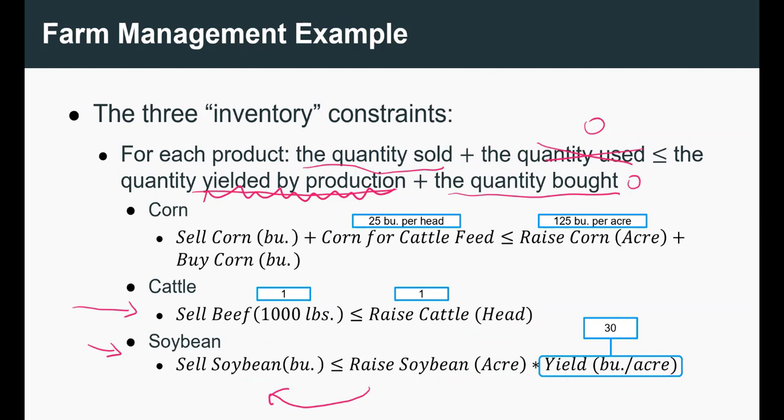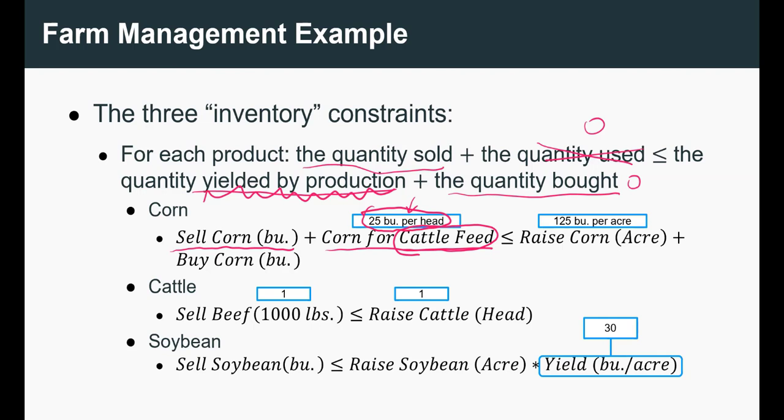And the corn constraint is a little bit more complicated. So for corn, we have both sell and the quantities used. The quantities used here, we have to times by 25. This is because for the cattle feed, for 1 cattle, we need 25 bushels.